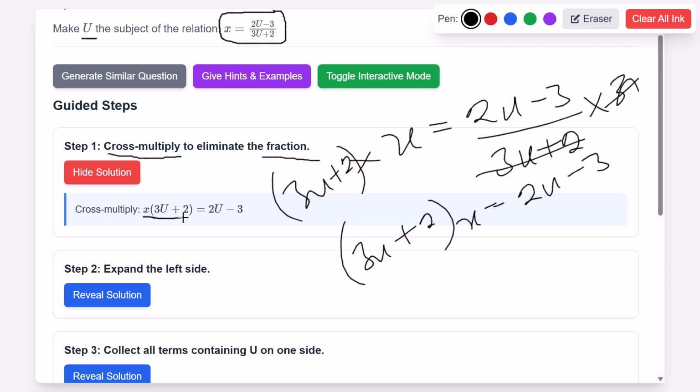Now we have x into bracket 3u plus 2 is equal to 2u minus 3. Then from there, we can expand what we have on the left hand side. So you realize that the u over here is inside the bracket, and we need to get the u. So to do that, first we are going to expand our bracket.